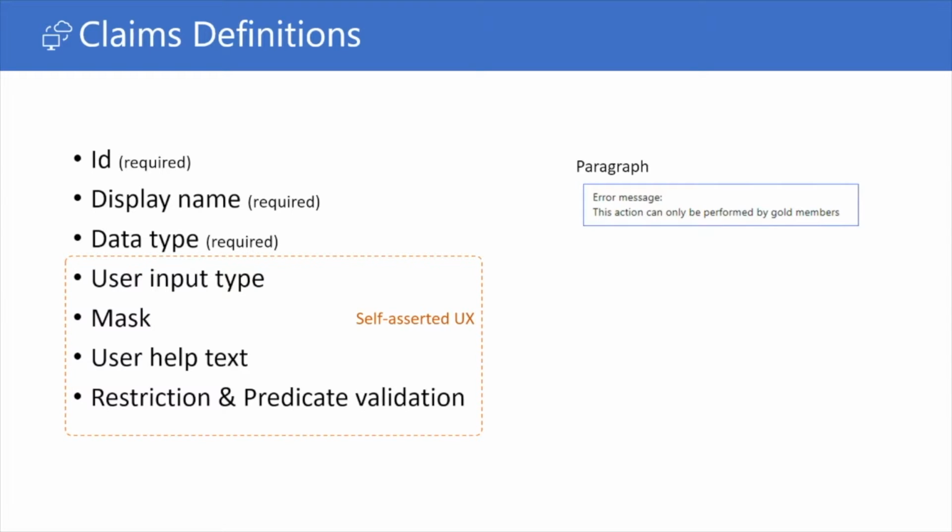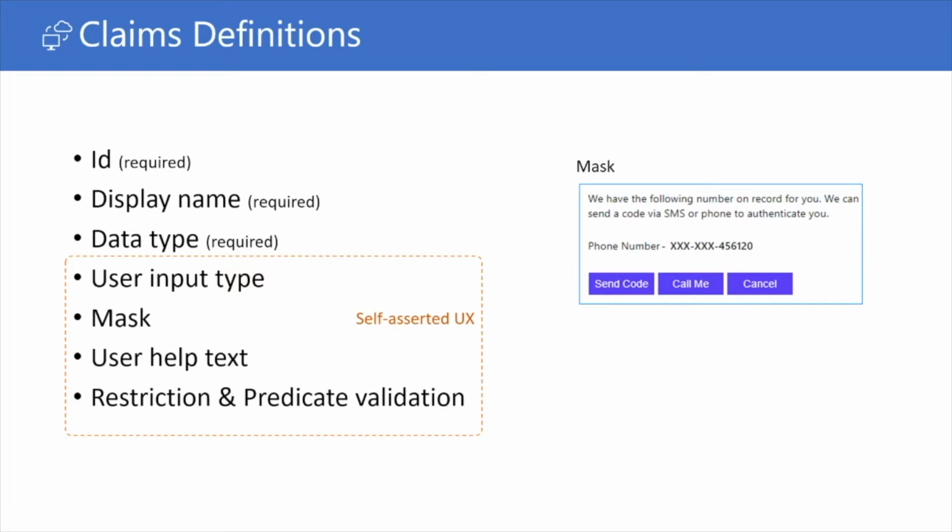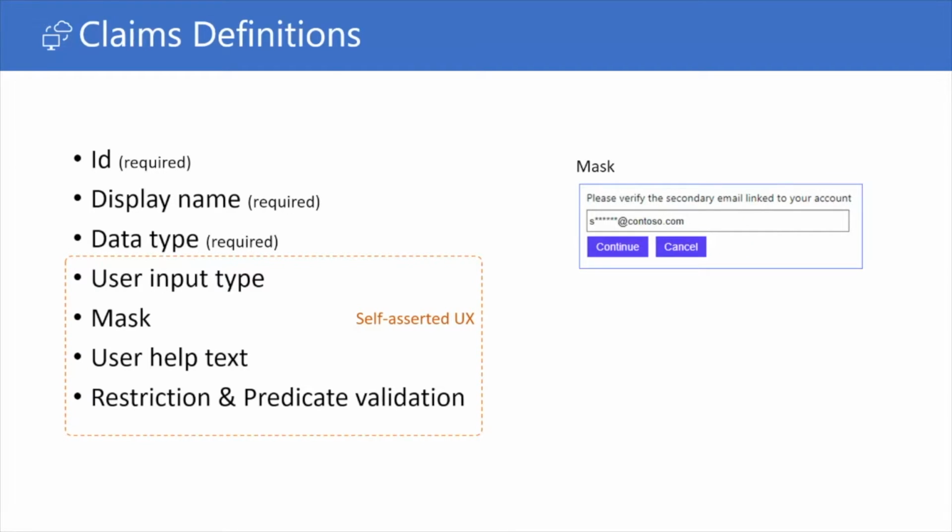In addition to the input type, you can also indicate masks for data types. So when the data is returned back in the user interface, parts of the data can be hidden for security and related reasons. So, for phone numbers, you may not want to show the entire phone number, just the last few values of the number, or you may want to hide part of an email address that's being displayed.